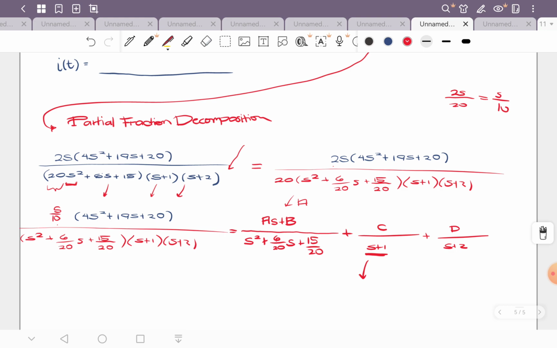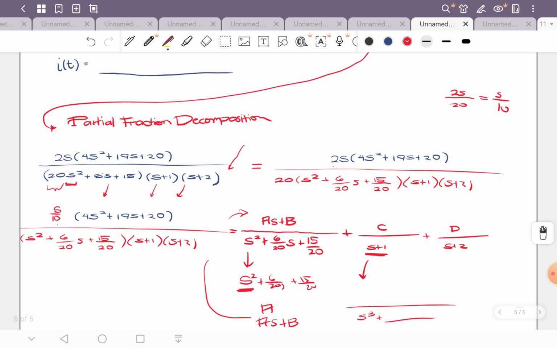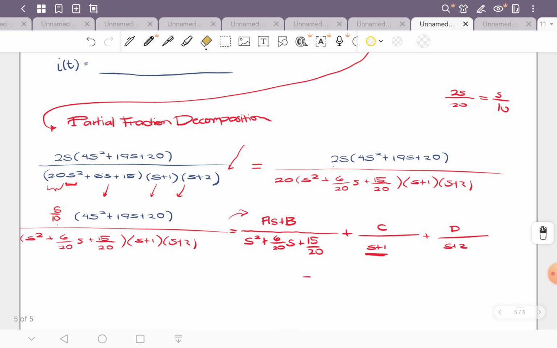The reason is that our denominator is now second degree, since it is s squared plus 6 over 20 s, so the degree is 2. Therefore, instead of writing a, we write as plus b in the numerator. Suppose we have a denominator of s cubed plus some terms, we would write as squared plus bs plus c. For our case, the degree is 2, so we write as plus b.